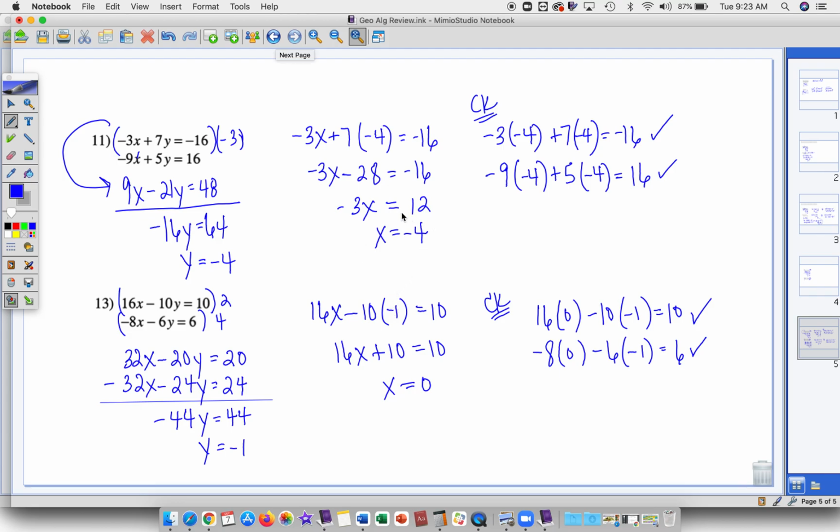So again, check and make sure you've got the same values. And keep in mind again that you can always check these equations by plugging your values into both of the originals. Okay, so I hope you enjoyed this review of solving systems and multiplying out binomials and difference of squares.